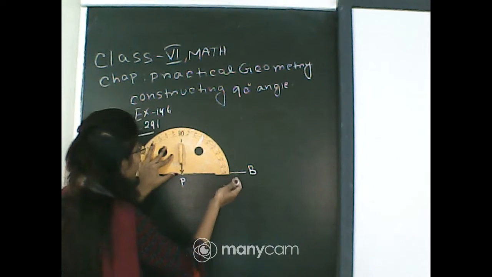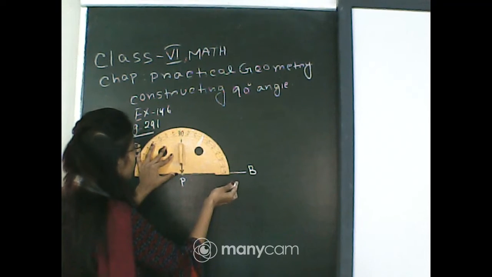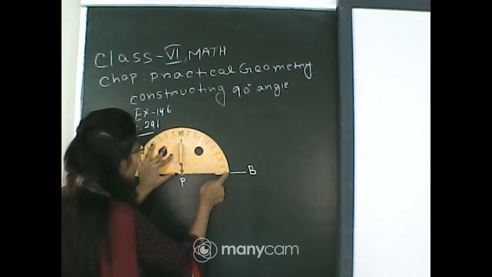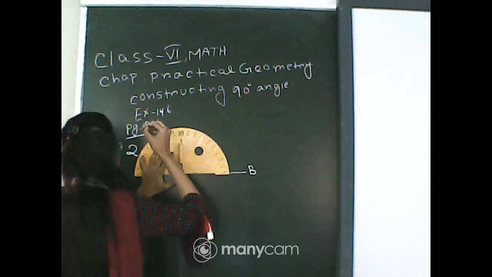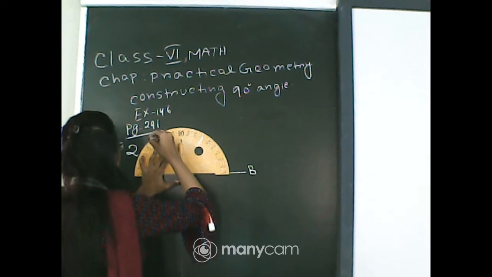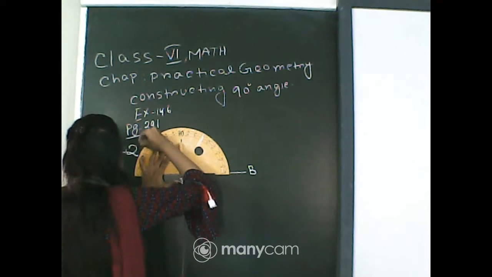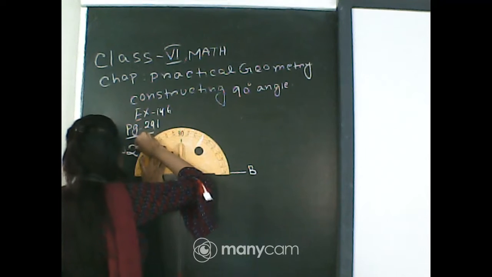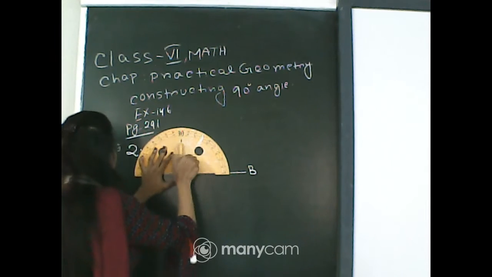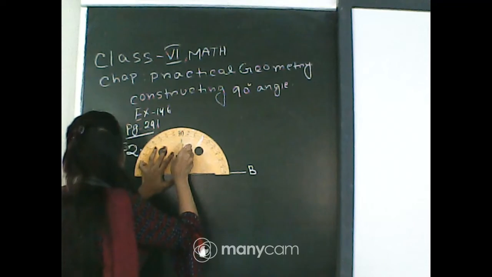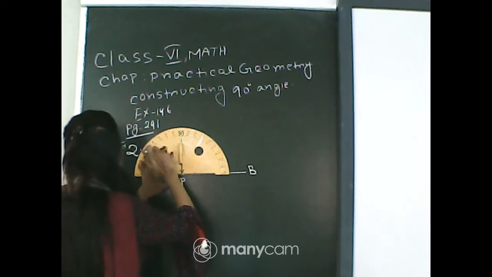And start with 0 near B and mark a point C at 147 degree.